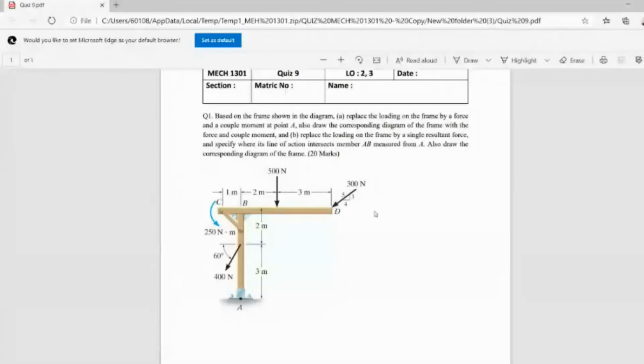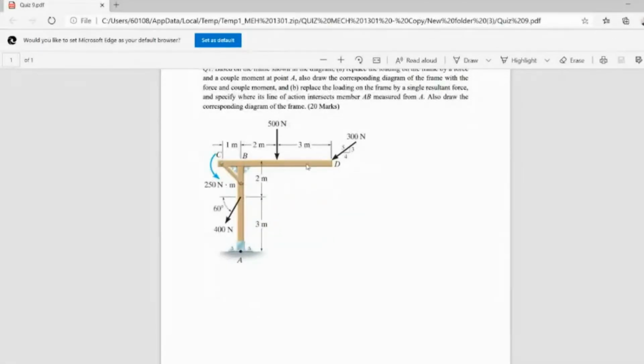I didn't understand this phrase: specify where this line intersects member AB, measured from A. Come again.